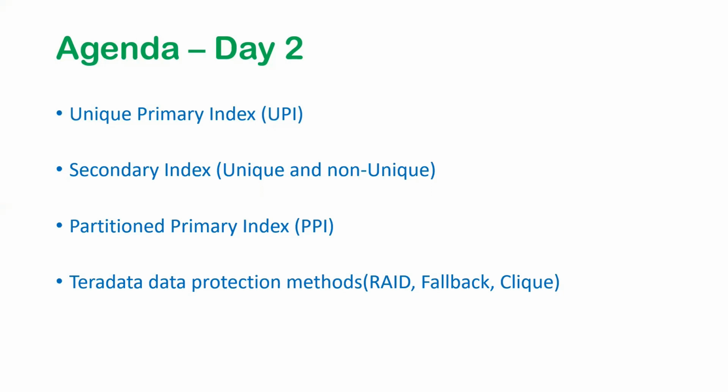We have many concepts in data protection methods, like node level, AMP level, and disk level protections. We have RAID concept, fallback concepts, and click and lock concepts. So that we are going to learn about.